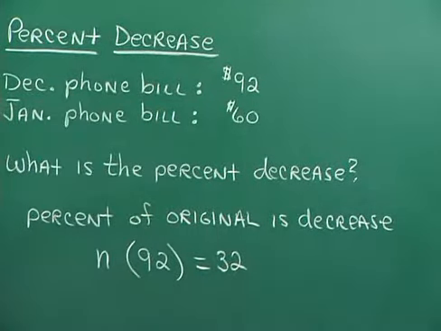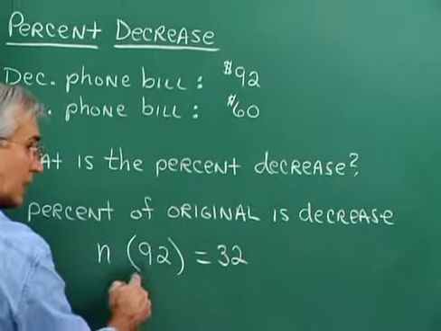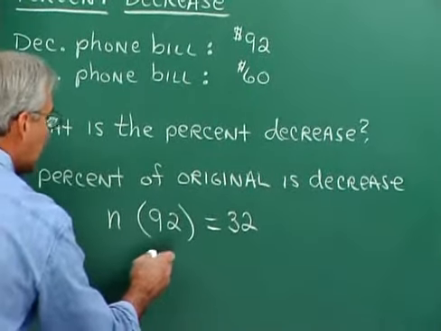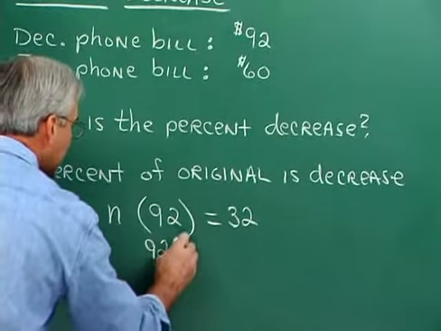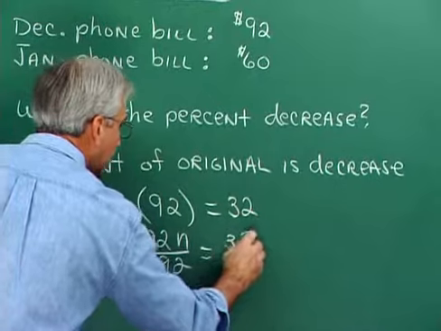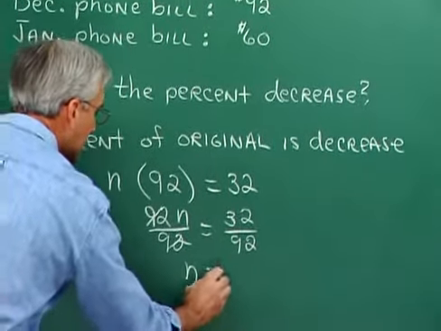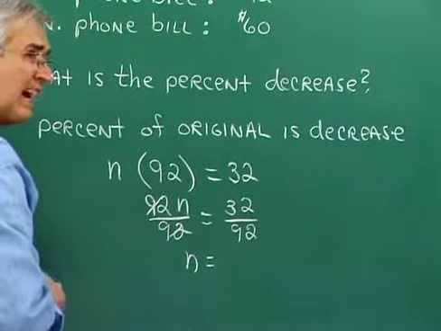And now we go through and solve as we understand that we would. This is the same as 92N. We're going to divide on both sides by 92. So we take 92N on the left and divide by 92. And on the right, we're also going to divide by 92. And these go out, and we find N then to be 32 over 92.